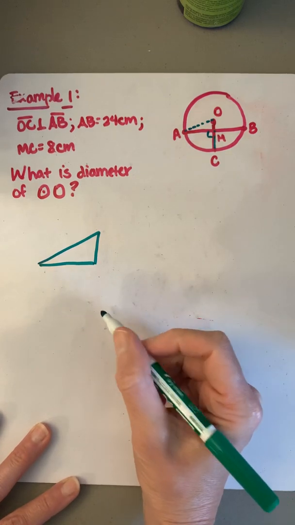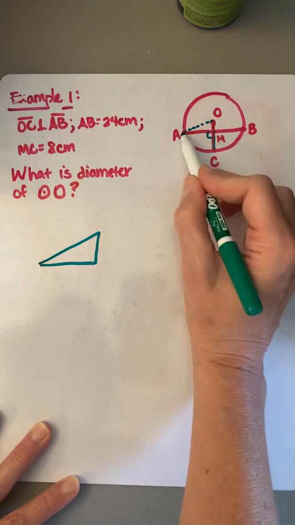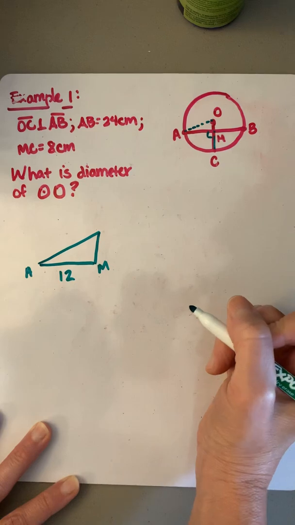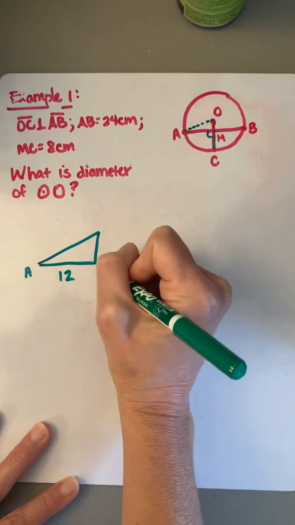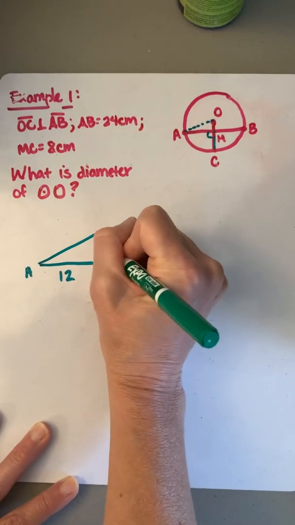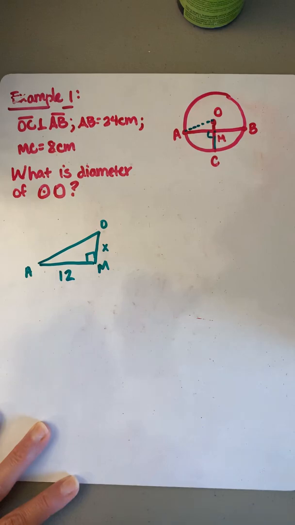And I know that AB is 24, and this is halfway. And so that means from A to M is 12. And I know that MC is 8. That's not helping me so much just yet. I'm going to put an X here for the measure from M to O.